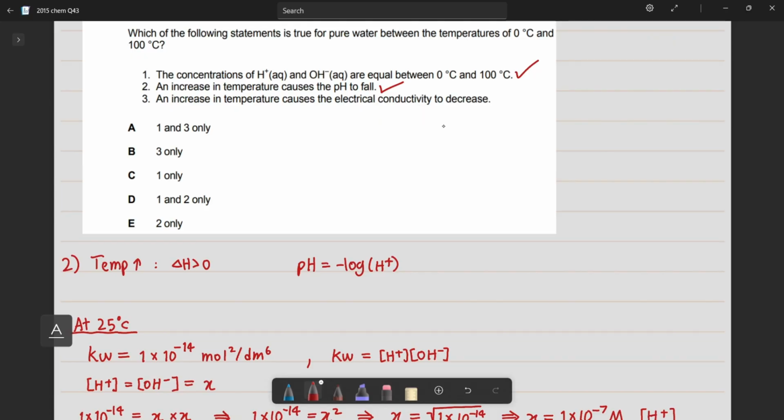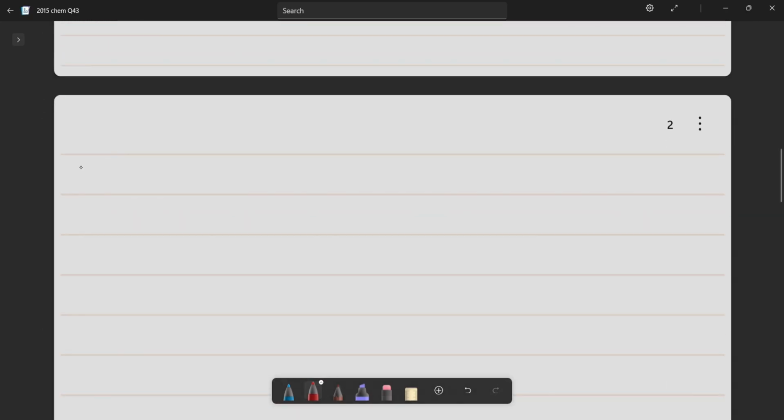This is false, because as the temperature increases, this will result in an increase in ionization to produce more moles of ions.